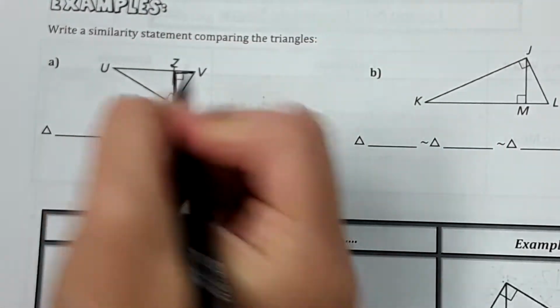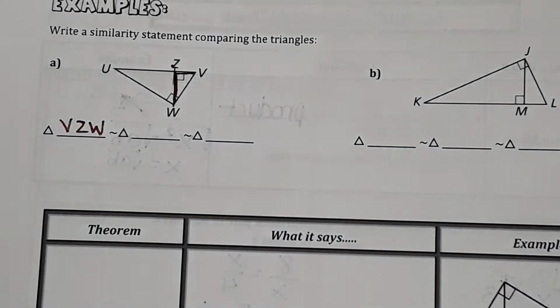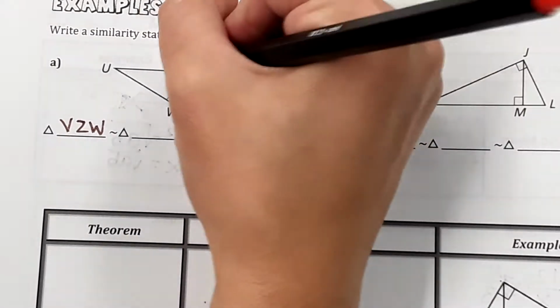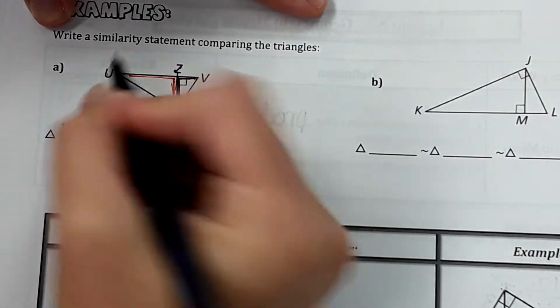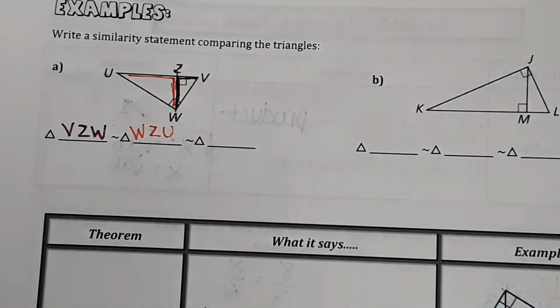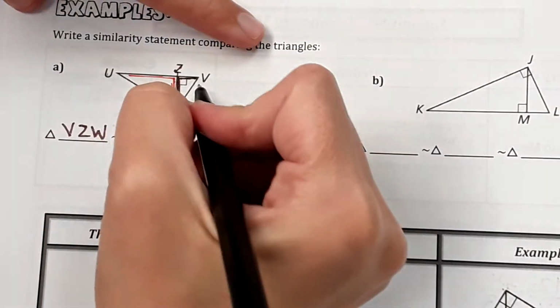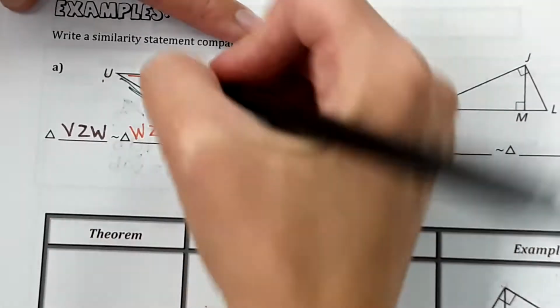So VZW. And then this triangle here, I'll do short to medium side, so WZU. And then the outer triangle, again, short side to medium, so VWU.